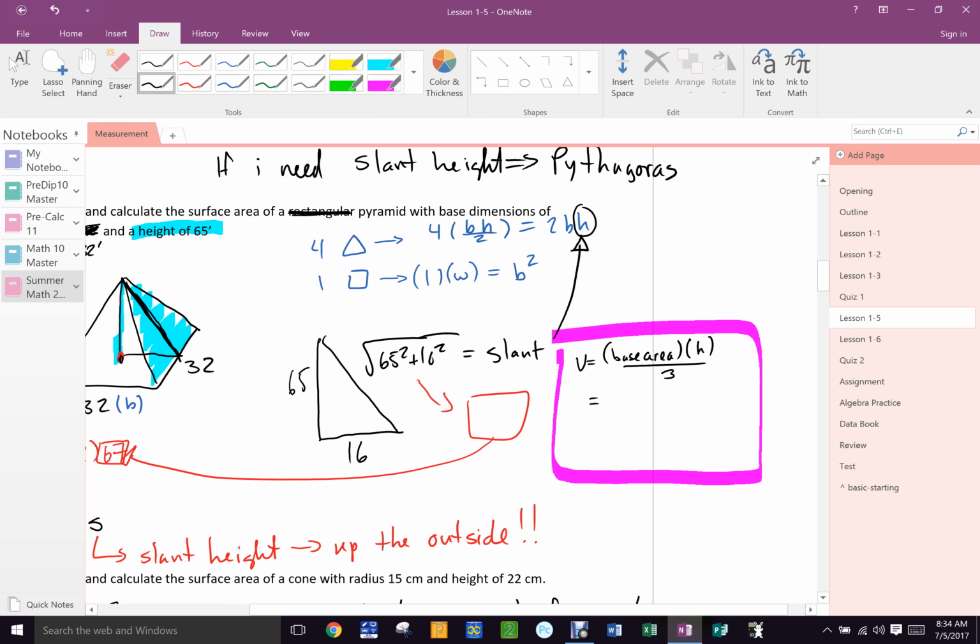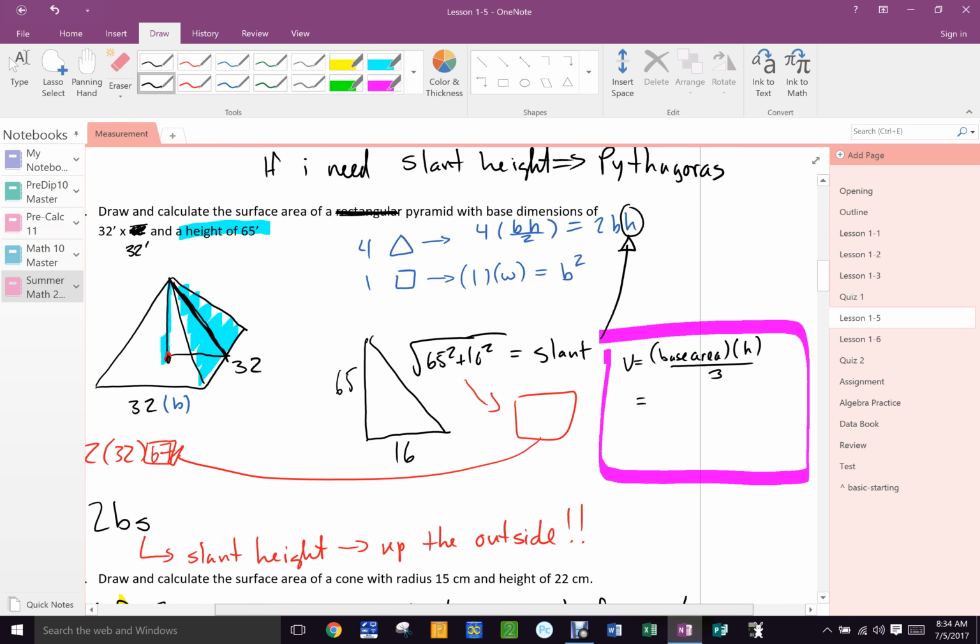So it's the base area of our pyramid. It's 32 by 32, right? So 32 by 32. What was our height? By 65, all divided by 3. I cannot do that in my head. I have to go to my calculator for that one.